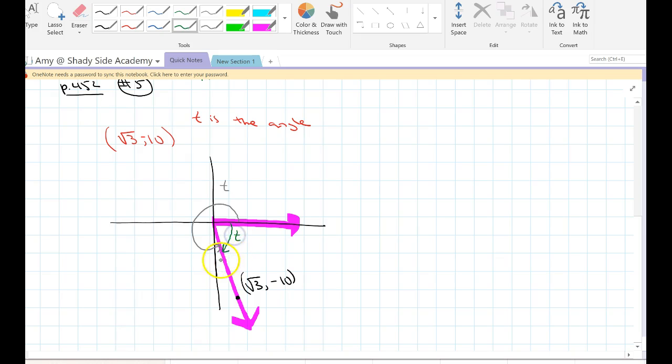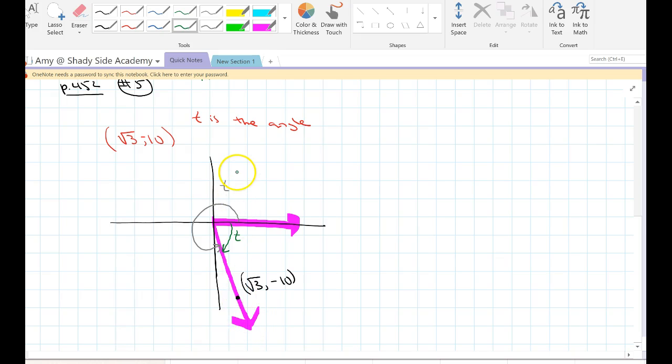That angle t. Regardless of what t is, maybe t is the gray angle or the green angle, here's my question: do you see how green angle t and gray angle t are coterminal? Yes, they both have the same terminal side.